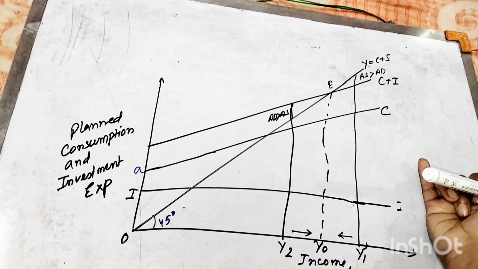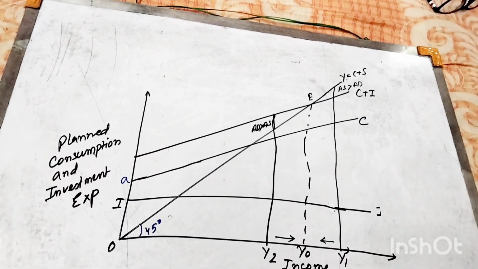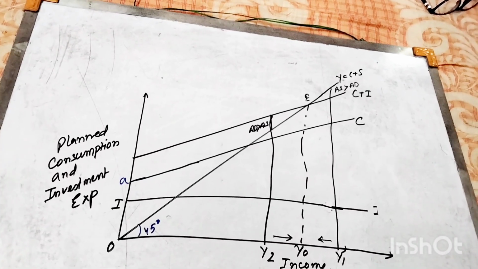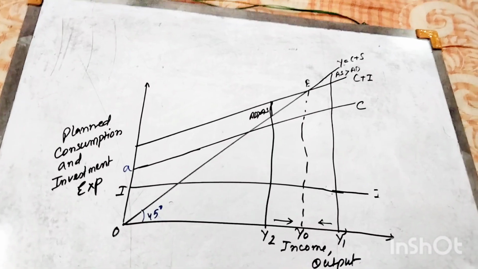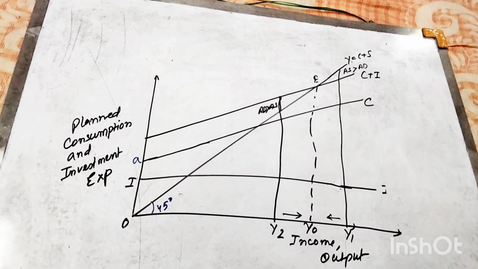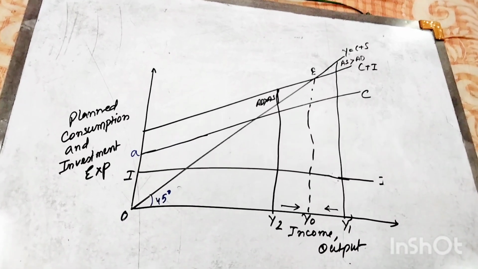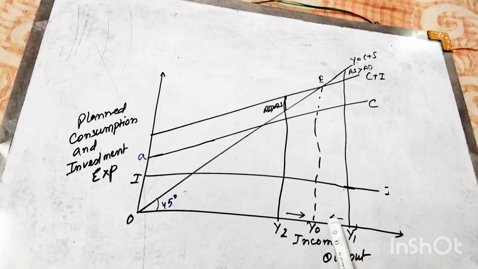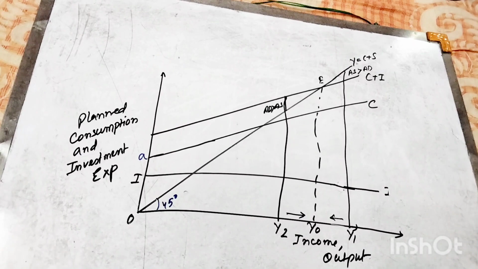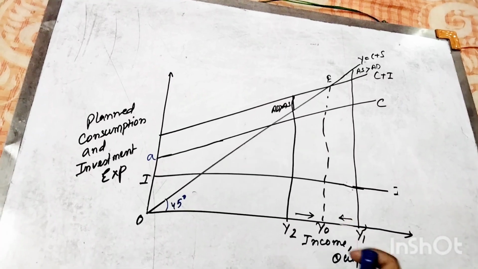So this cannot be the equilibrium, because the firm could not sell the entire output; some unsold stock will be there, and therefore this reduces the production. As the production reduces, output will decrease, so it is indicated by this arrow. If your production decreases, your level of income will also fall, so this is indicated by this arrow.